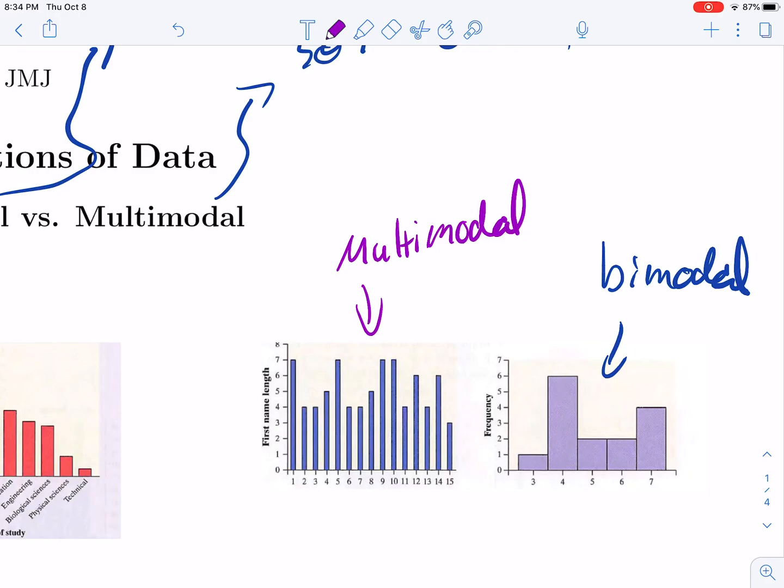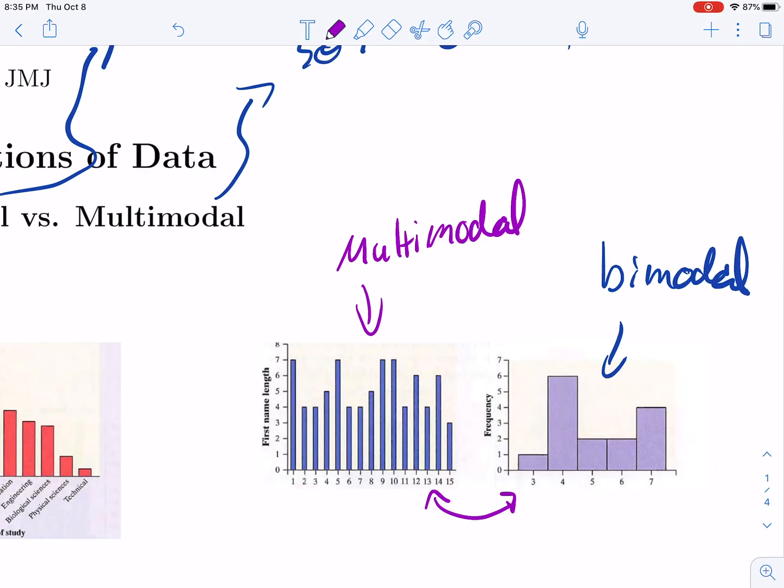But these are all very much at the whims of the statistician. While this guy on the left, I would say probably has 3 peaks. Some other people would say 4. Some people might say 2 peaks. And why do I say 2 peaks? Because actually, these 2 charts are of the same data.